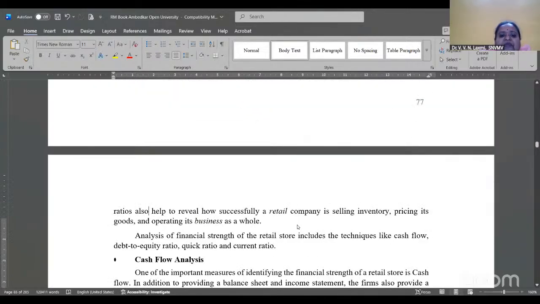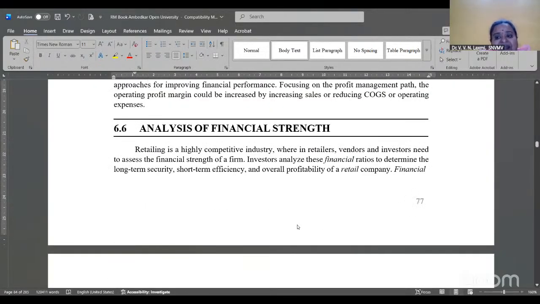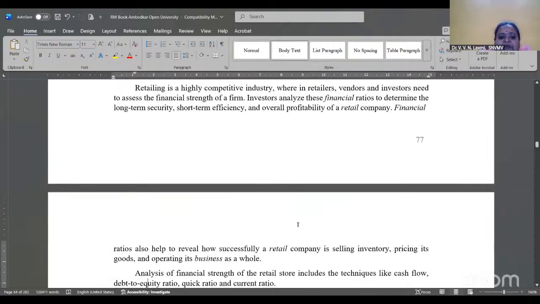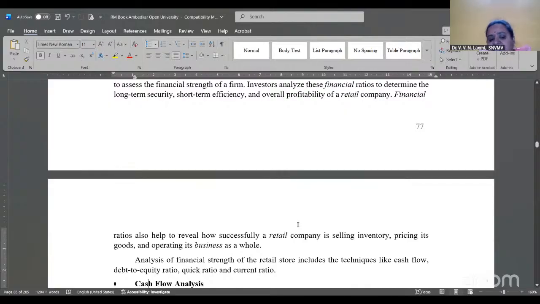Now, let us look at how we analyze the financial strength of the retailer. Any retailer's financial strength can be considered by calculating various financial ratios. And these financial ratios also help the retailer to reveal how successfully the retail company is able to maintain the inventory or sell the inventory, and the retailer's pricing structure.